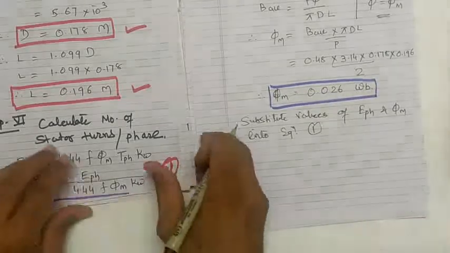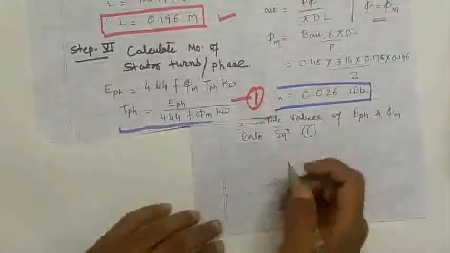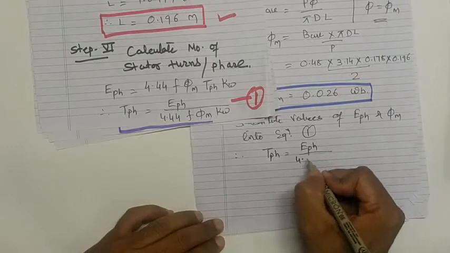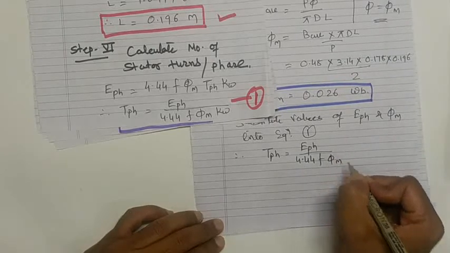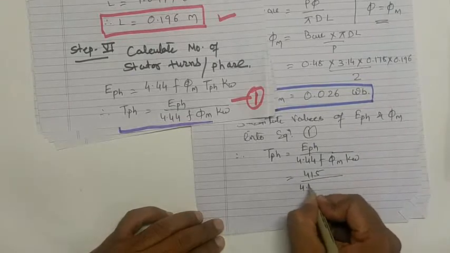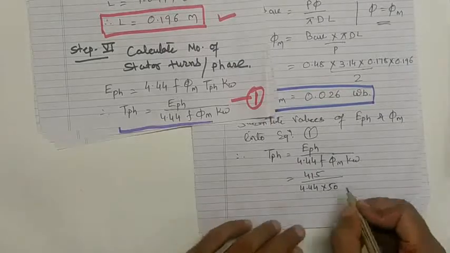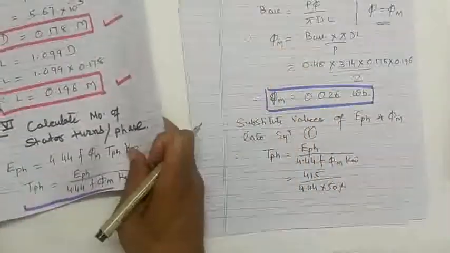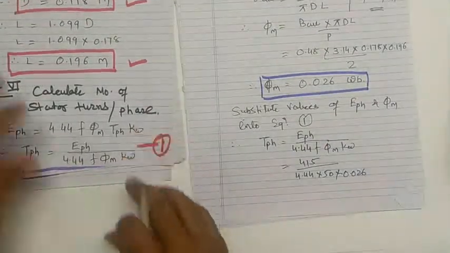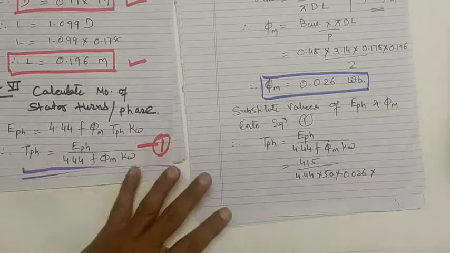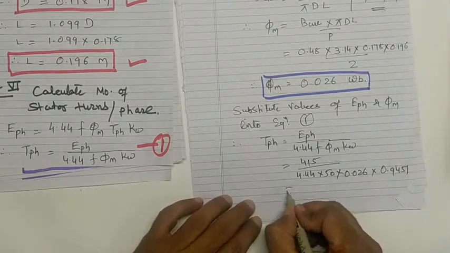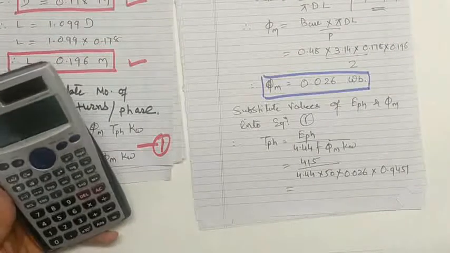So therefore in equation number 1, turns per phase is equal to E phase divided by 4.44 f phi and winding factor. So 415 divided by 4.44, frequency is given 50, flux phi we have calculated 0.026, and the value of winding factor is given 0.9451, and then we have the number of turns per phase.